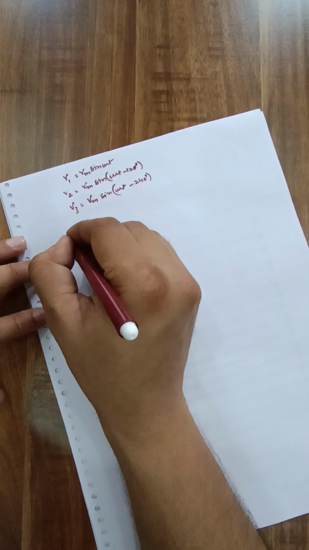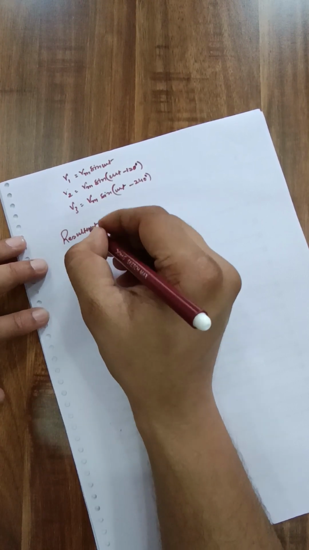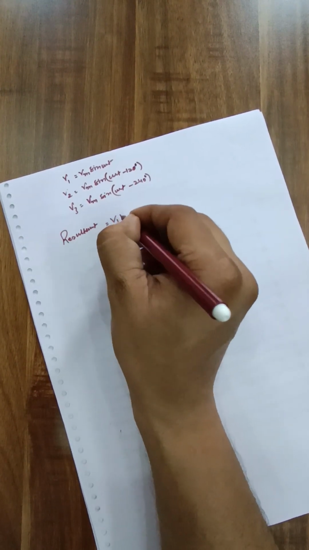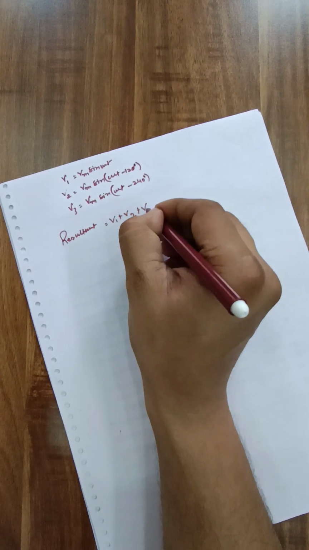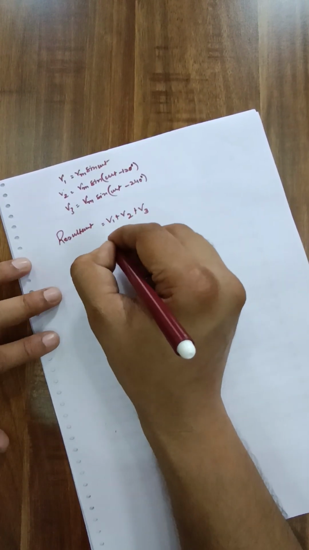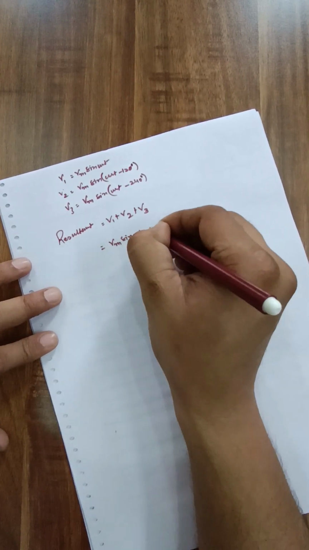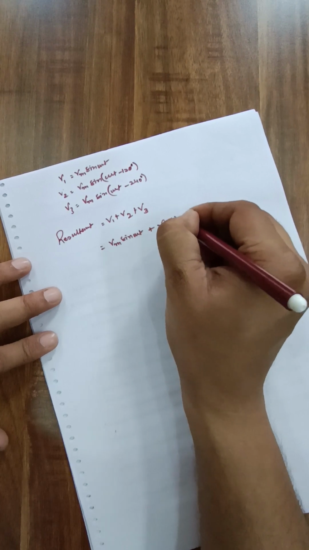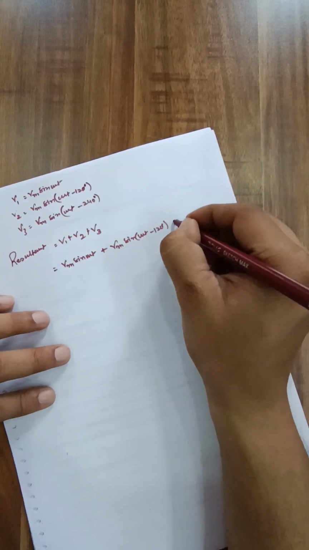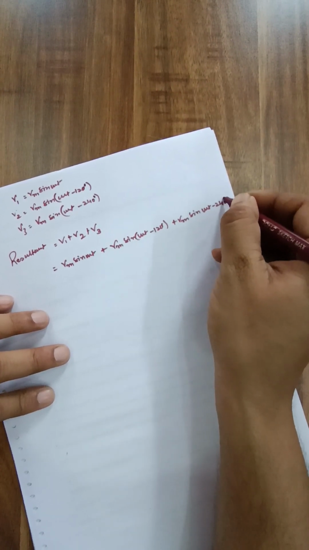Now let us solve this problem. So the resultant will be equal to V1 plus V2 plus V3. V1 is Vm sin omega t plus V2 is Vm sin omega t minus 120 degree, and V3 is Vm sin omega t minus 240 degree.